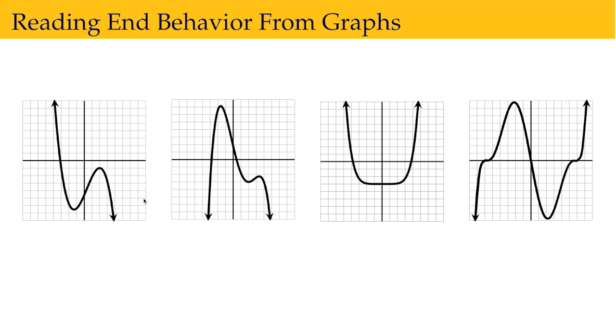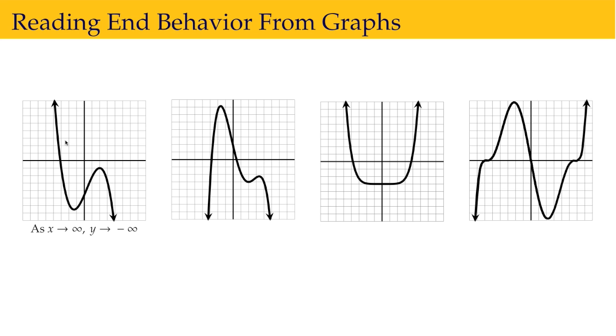The way we're going to specify this mathematically, the right end is always the x-coordinates going towards infinity. So we'll say as x approaches infinity, here the y-coordinates go down and down, so y goes to negative infinity.